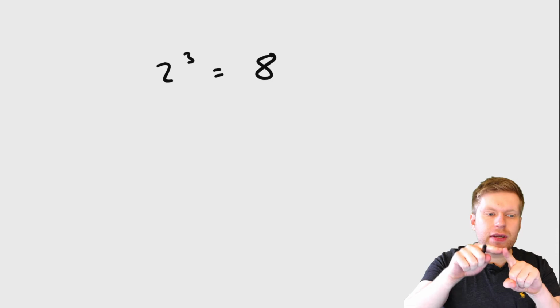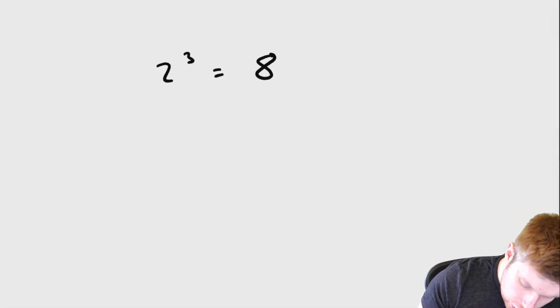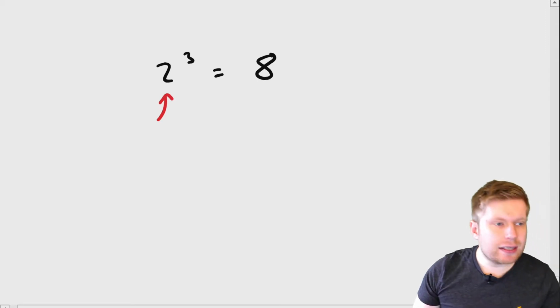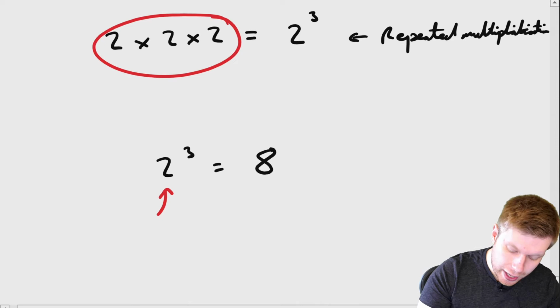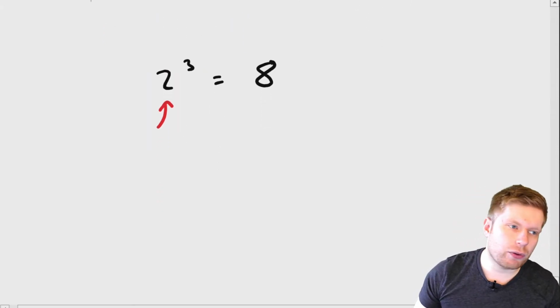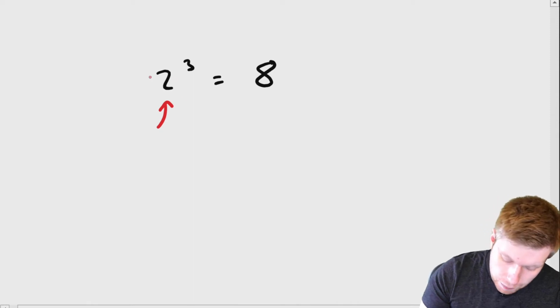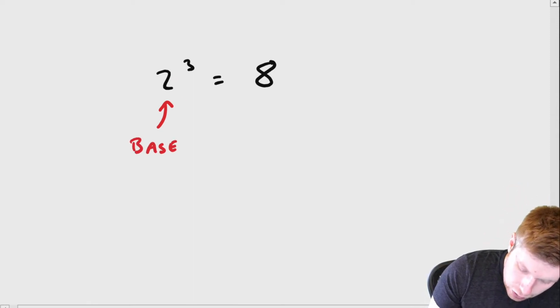We actually give a name to each of the different things in this equation here. Just remember that the 2 is the thing that we're multiplying by itself. In this case, we're multiplying the 2 by itself 3 times. So if I write down 2 to the power 3 equals 8, the 2 down here we would call the base.